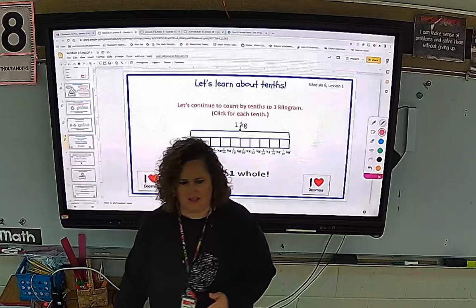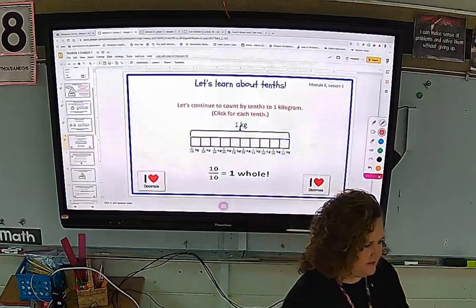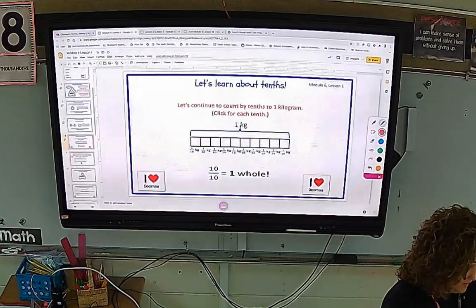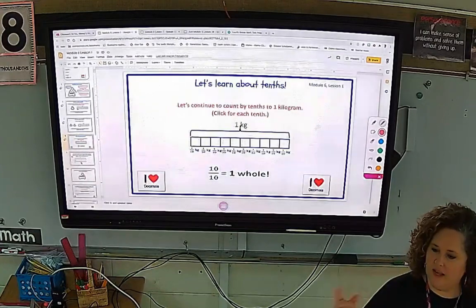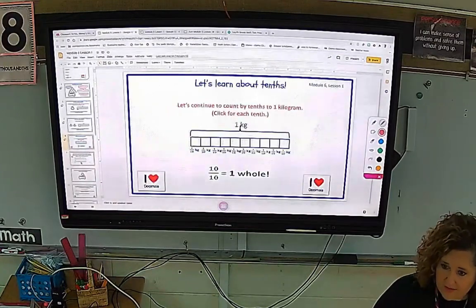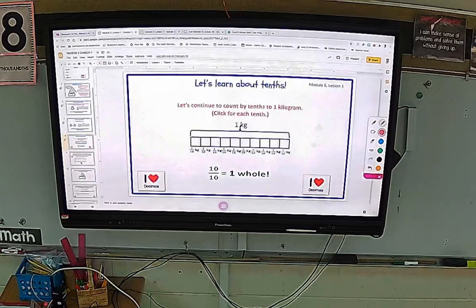Okay. Now we get the idea that 10/10 makes 1 whole, right? If you get that idea, that right there is going to help you with decimals. Okay. Let me say this before we keep going. Decimals and fractions are the same thing. This is why. We have fractions.